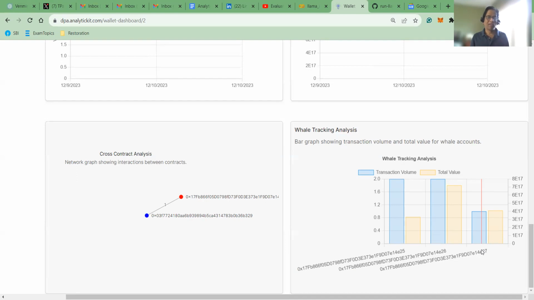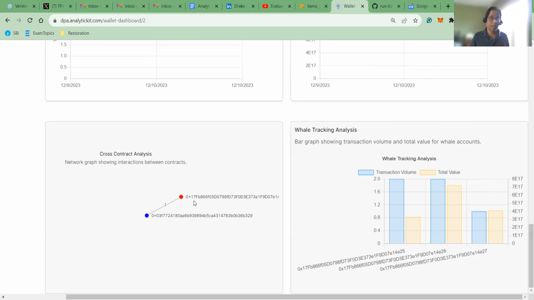For now, these are all the graphs we have, and eventually we will be adding more graphs, and also displaying all the wallet addresses so that you can easily navigate whether you are looking at a contract address or a wallet address. For example, here, you don't know which one is the wallet address and which one is the contract address in these graphs.